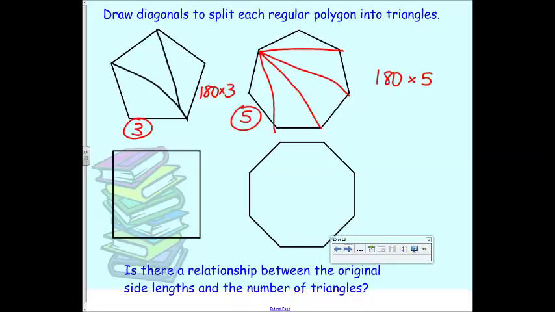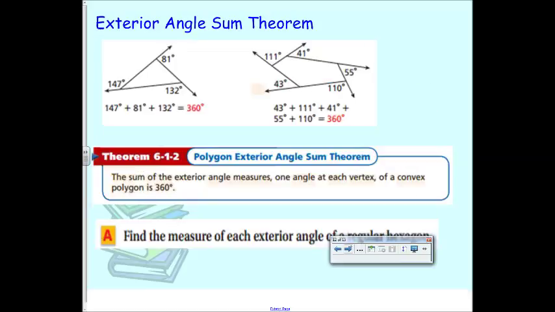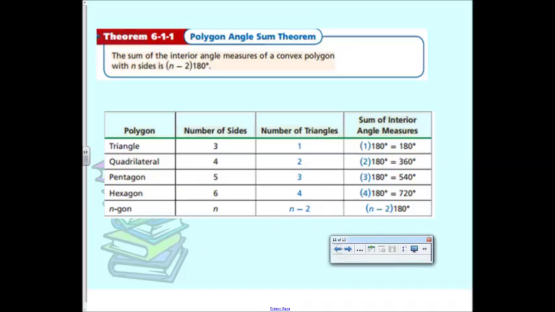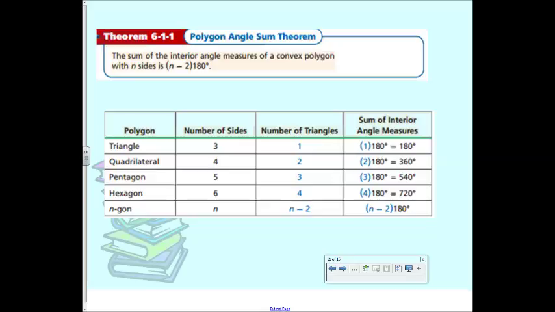N minus 2, times 180. 180 times n minus 2. All right? And you guys just figured out the equation for the interior angles of a convex polygon. So n minus 2 times 180.